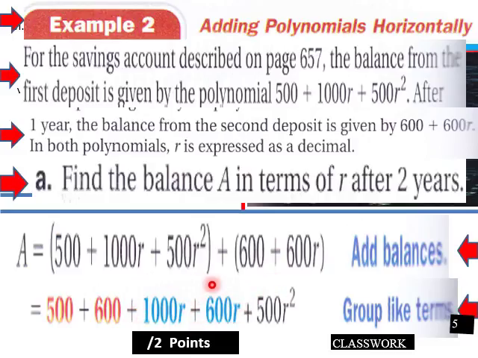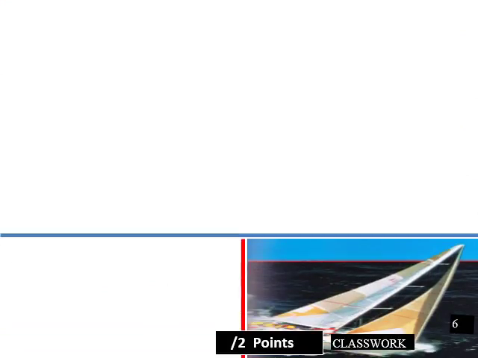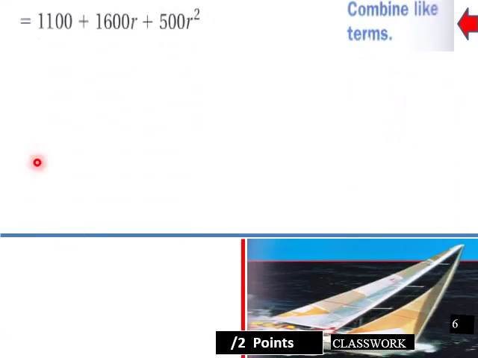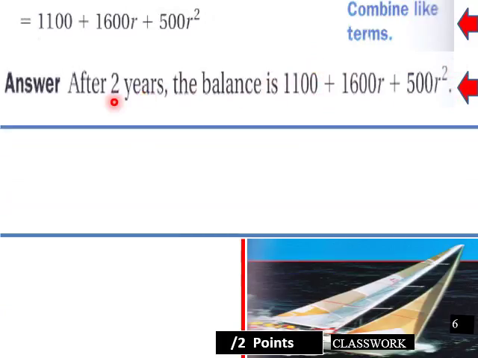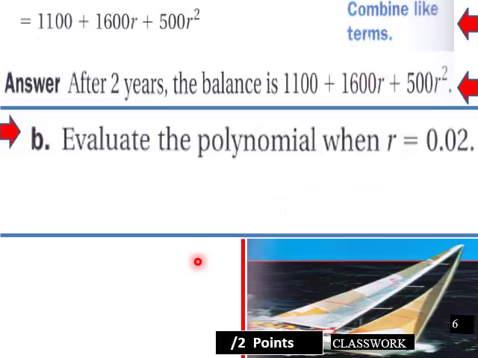We have r's here, we have our constants over here, and then this is an r squared here. We don't have an r squared here, so there's nothing to group. So in a horizontal format, we're just grouping terms in proximity to each other to add them. And then we come up with this, we combine like terms. So after 2 years, the balance is this here. This will be the formula for what our balance would be after 2 years.